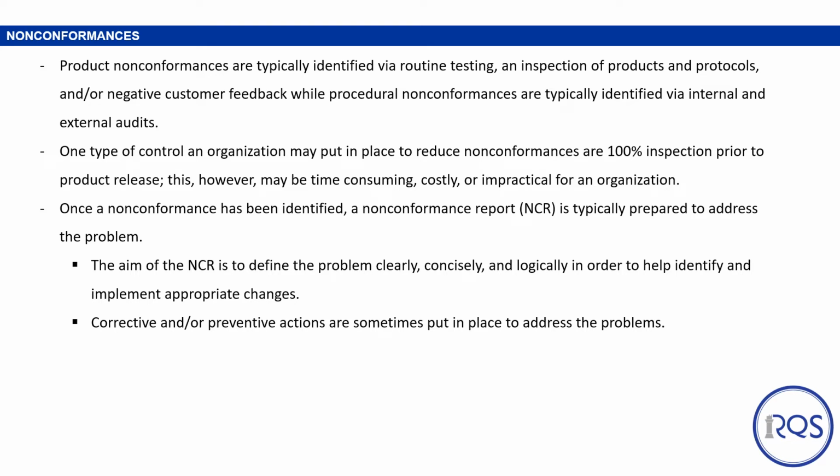This, however, may be time-consuming, costly, or impractical for an organization. Once a nonconformance has been identified, a nonconformance report, or NCR, is typically prepared to address the problem. The aim of the NCR is to define the problem clearly, concisely, and logically in order to help identify and implement appropriate changes. Corrective and/or preventative actions are sometimes put into place to address these problems.